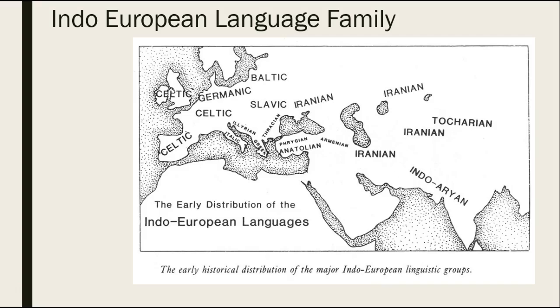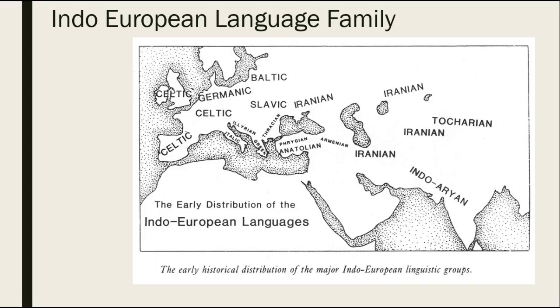All right, so English is part of the Indo-European language family, which you see a map here illustrating the early distribution of. There are as many as 600 unrelated language families. Indo-European is only one of those, although it is a fairly influential language family, I guess we could say. But it is indeed only one of many.